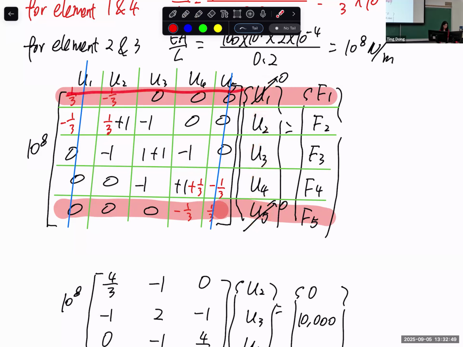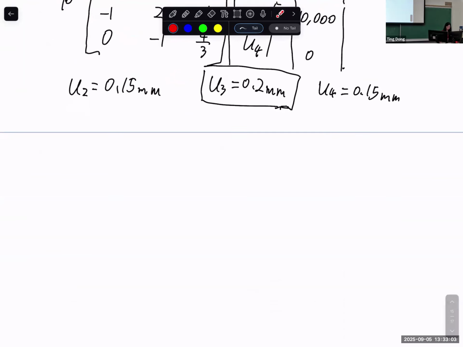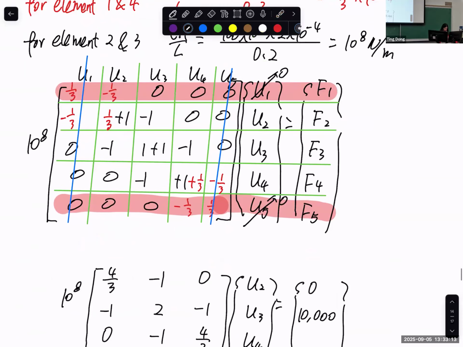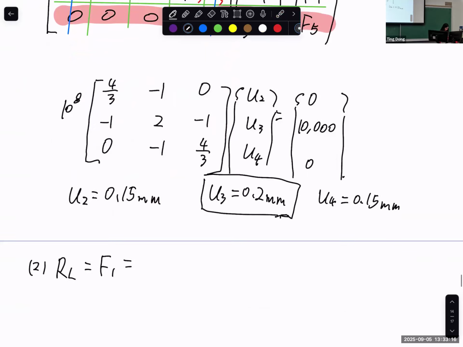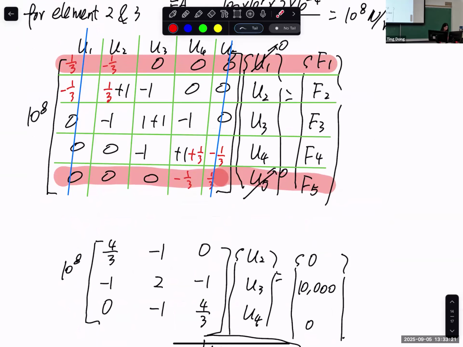So simply this one times this one equals F1, and this one times this one equals F5. F5 equals R right, F1 equals R left. So let's see. F1 equals, we have 3 zeros, so only the first two components. And since U1 equals 0, only one component. It's only this one times this one. All the rest are 0.